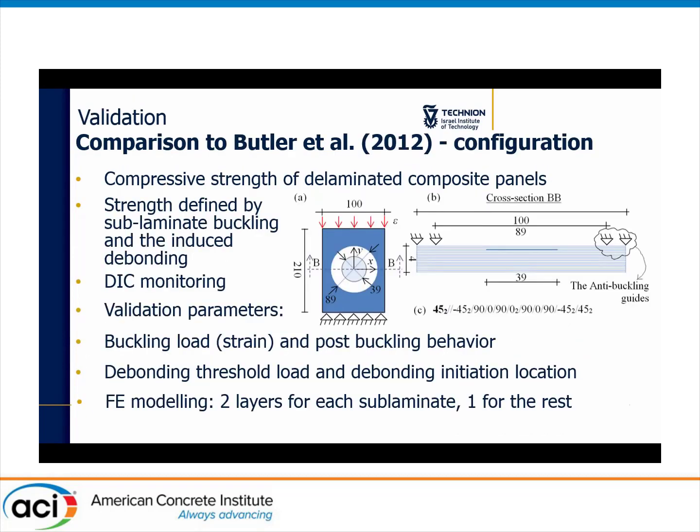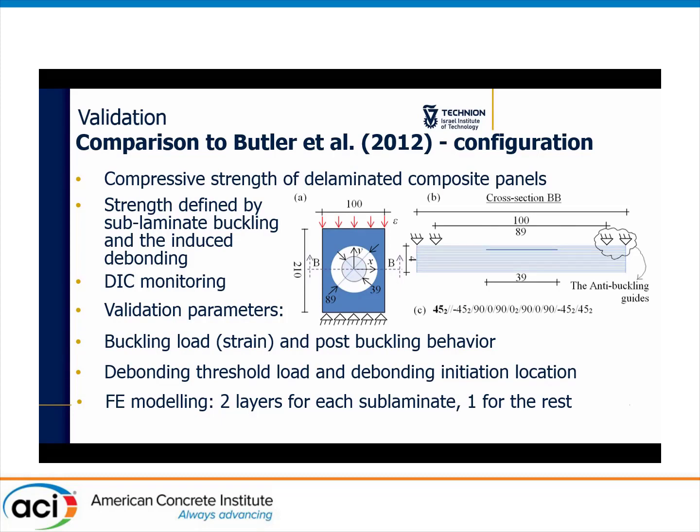Okay, to validate the model, comparison has been made to experimental results from Butler et al. In this work, they investigated the compressive strength of laminated composites subject to compression and with initial delaminations. So here you see, it's not to scale, but basically this is the structure.